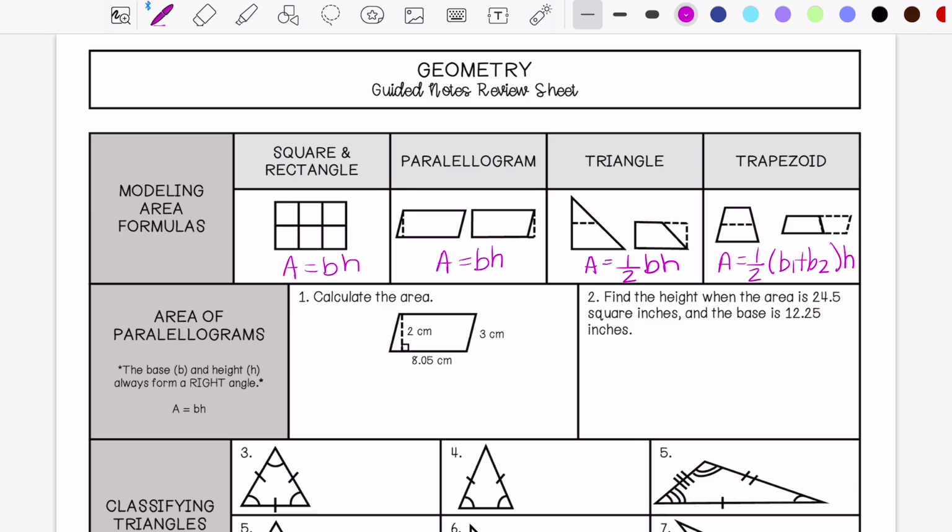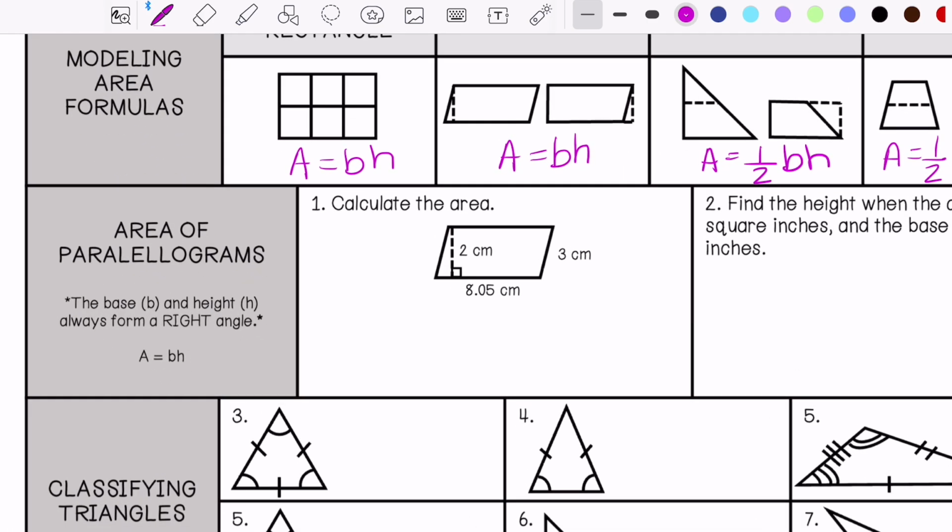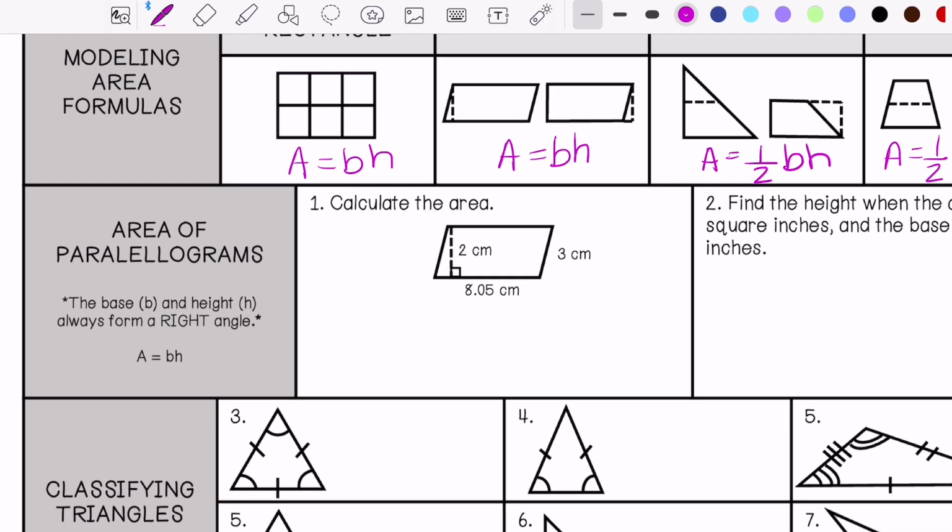And now we are going to solve some area of parallelograms problems. The base and the height always form a right angle. So when we're looking for the height here, this is our height. We're at this right angle, not this. This is extra information. So I'm going to write my formula first, and substitute what I know.